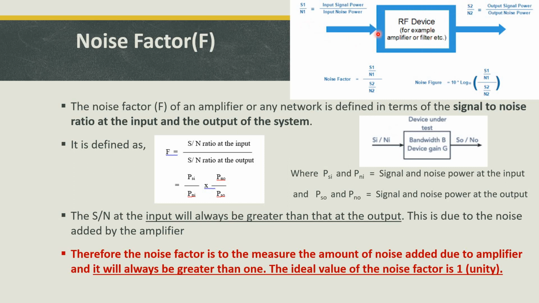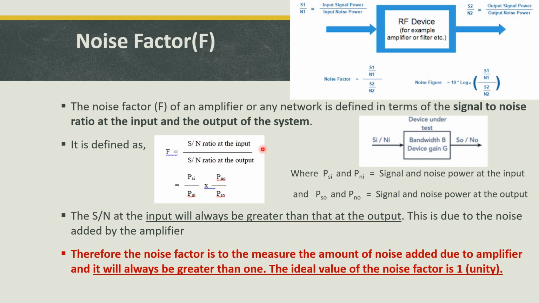We apply the signal to the amplifier, then we get the output. What is the noise contributed because of this amplifier? That will be calculated by using noise factor. The noise factor is equal to the signal to noise ratio at the input divided by the signal to noise ratio at the output. That gives the noise factor.